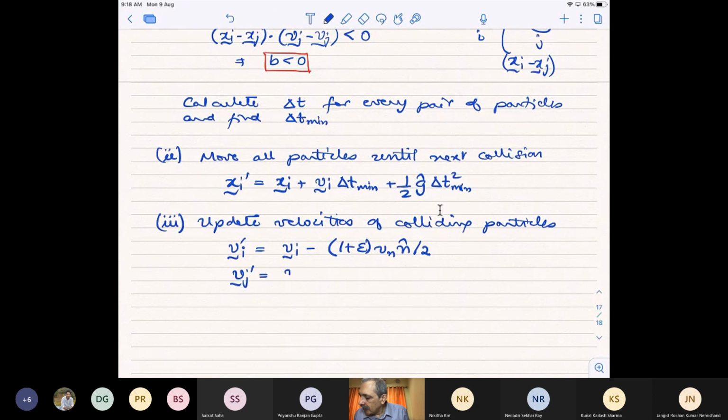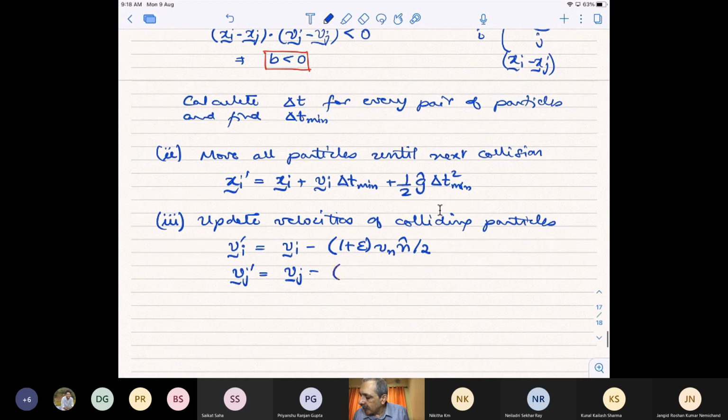These are the two particles I and J which are colliding, so only their velocity is affected by the collision. All the other particles remain the same.